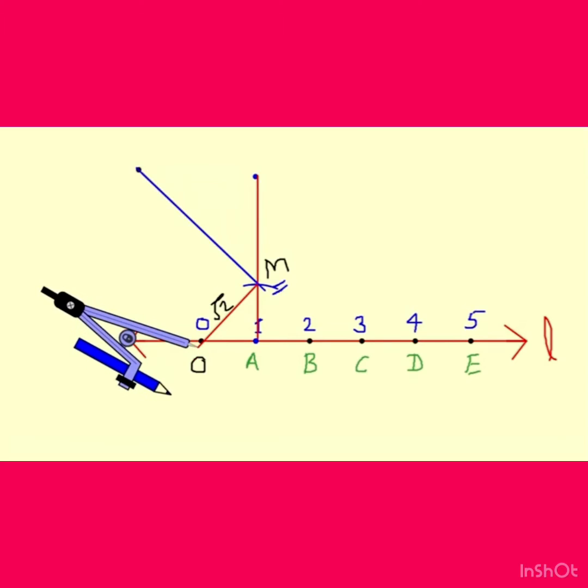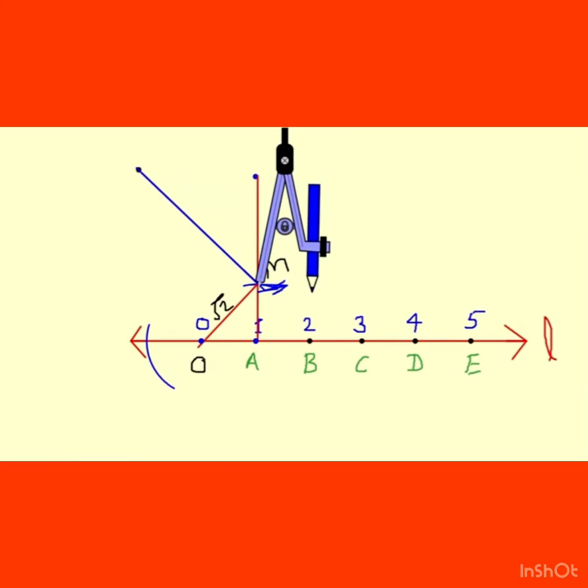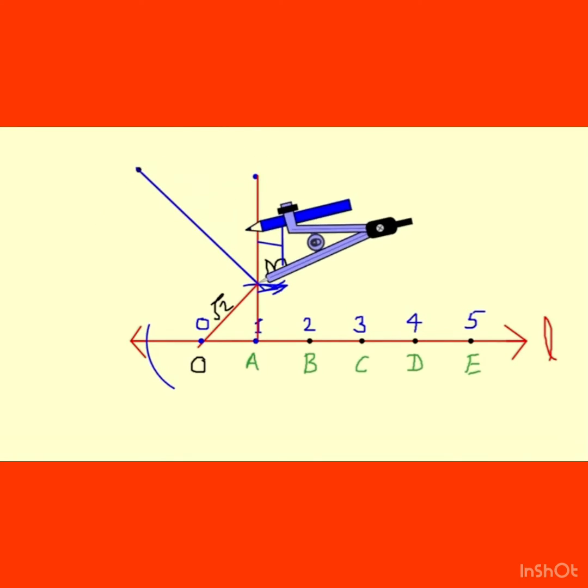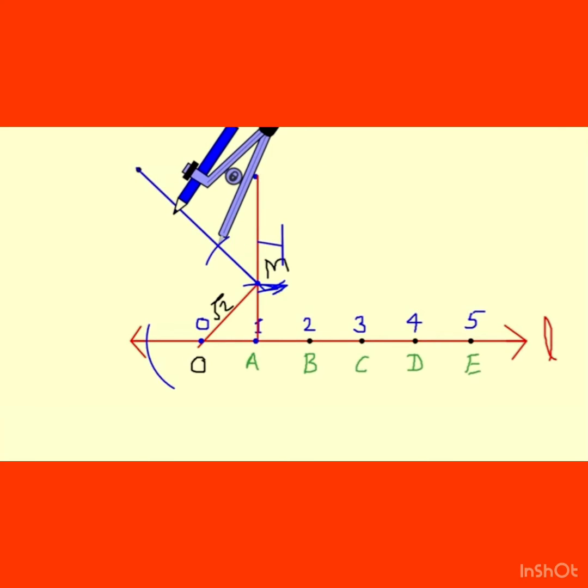And now you will take the compass and this is 1 unit distance. And now you put this compass at this point of intersection and mark an arc just like that.